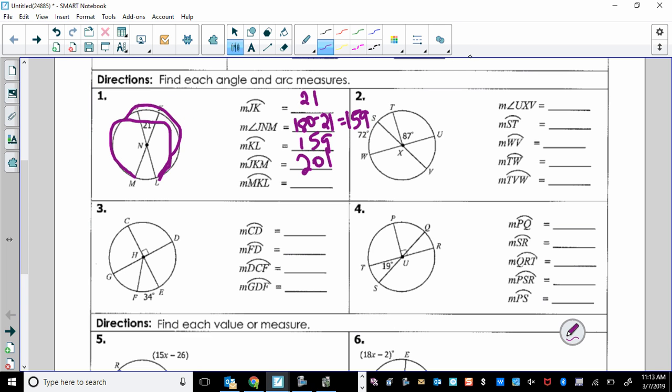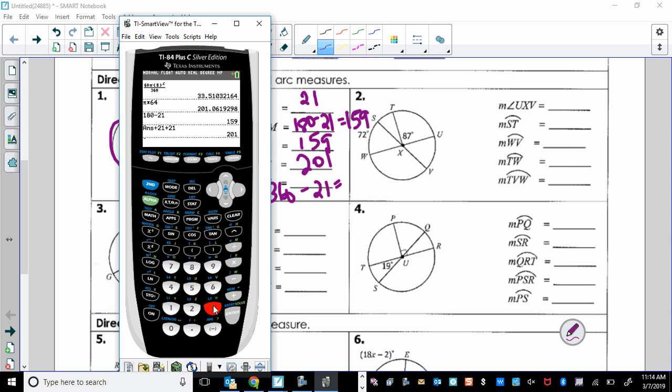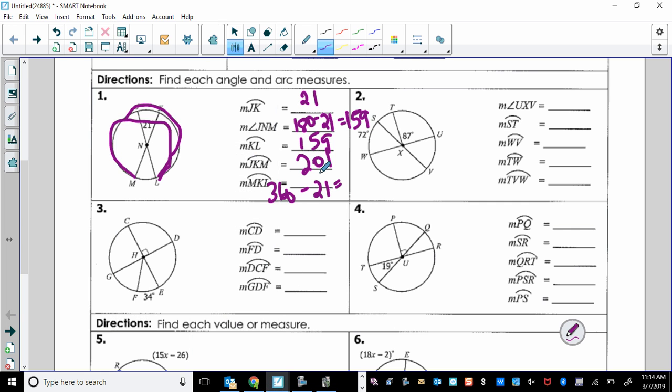To find that, 360 is a whole circle, so we do 360 minus 21, which is 339.